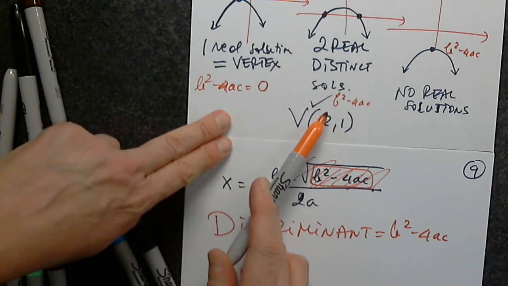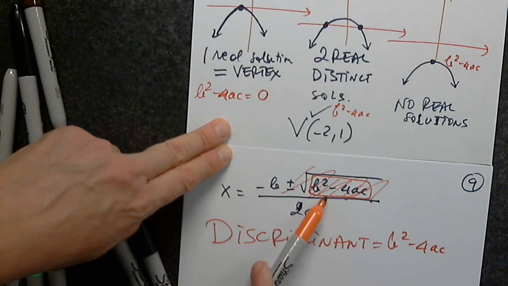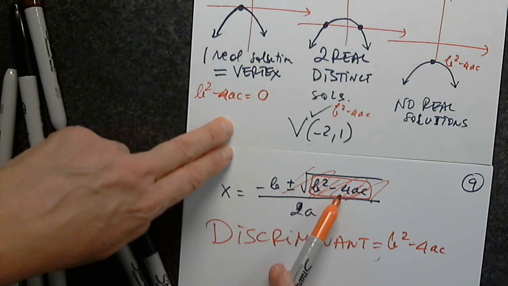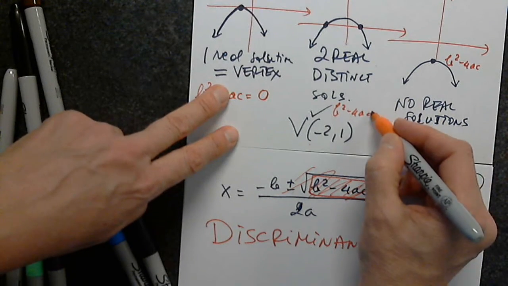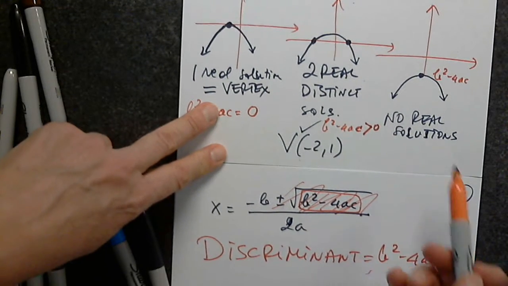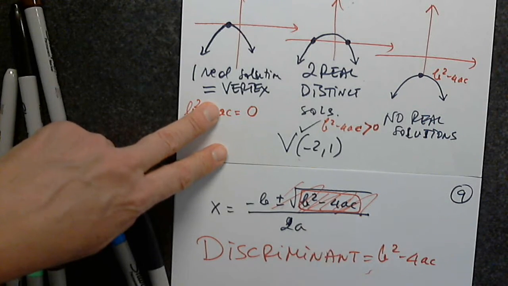What about here? Since we get two solutions, what kind of number should b squared minus 4ac be? Because I can take the square root from it, right? So it must be positive, very good. And when I cannot take the square root and I don't have real solutions, exactly.